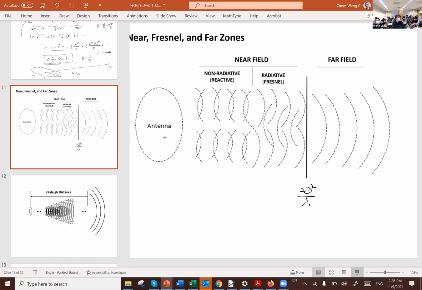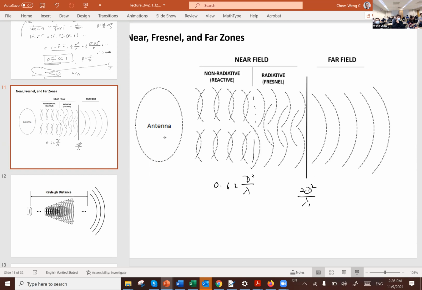And there's this zone here. This will be d square over lambda, and this is 0.62 d square over lambda, and those are the zones.